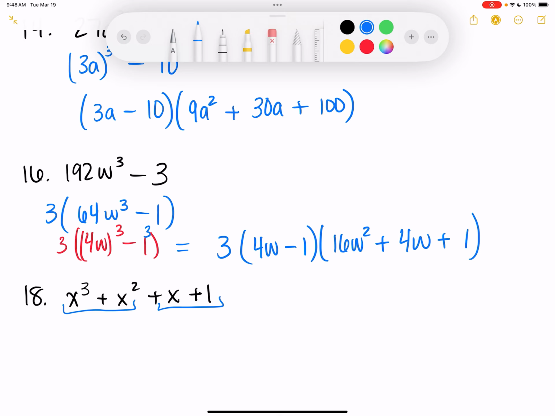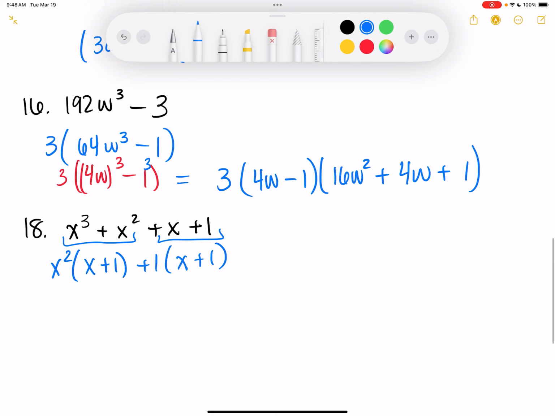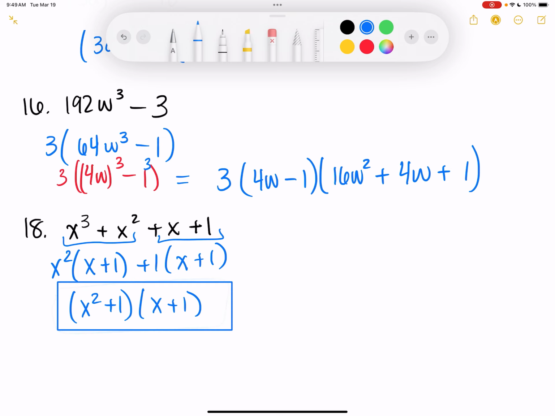So what can I factor out of this grouping here? And what does that leave me with? x plus 1. Over here, I can't factor anything out, but I still technically am factoring out a 1. So x plus 1. These two have to match. Okay, they do. So I have x squared plus 1 times x plus 1, and that is it factored out.